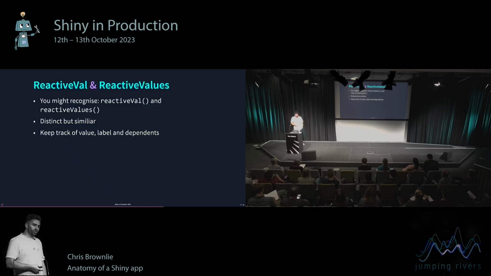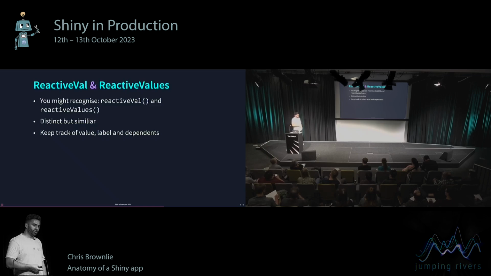So moving on to some things which are probably a bit more familiar, or at least the functions that we use to interact with them. Reactive vals and reactive values are objects which are called reactive producers a lot of the time. It's basically a way of storing a value that can change and keeping track of things that use that value.